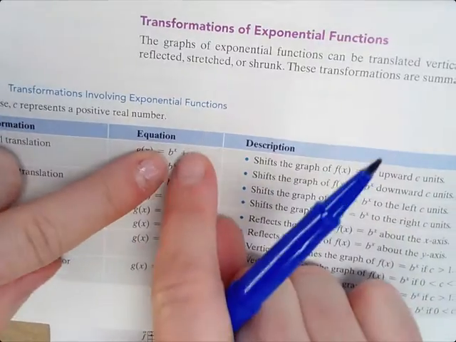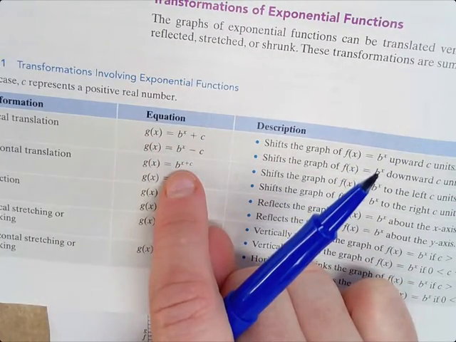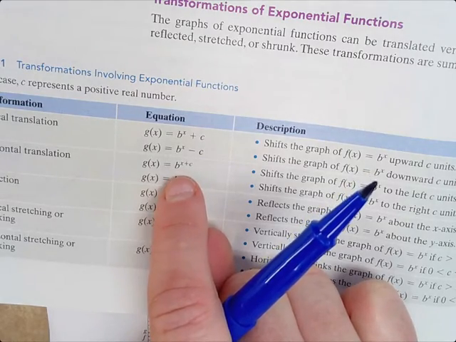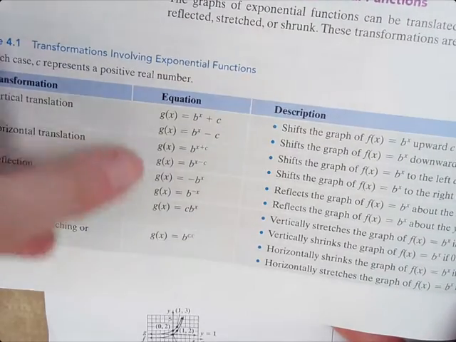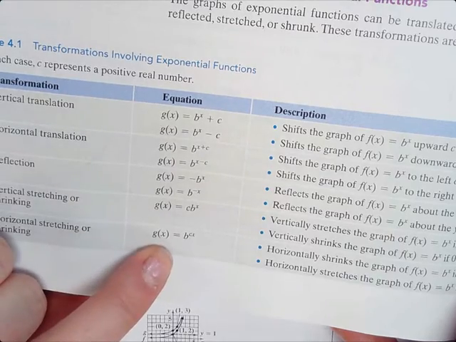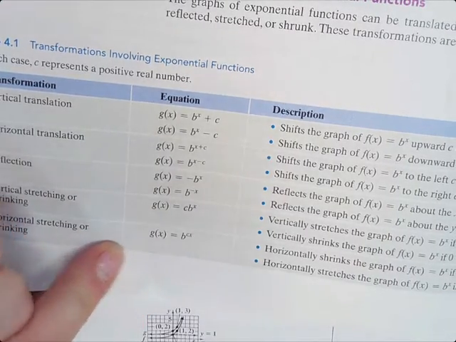And then if you were to add or subtract to the b to the x, then you're going to shift it up or down. And then we have reflections, and then stretches, vertical stretch and horizontal stretch. So those are our transformations.